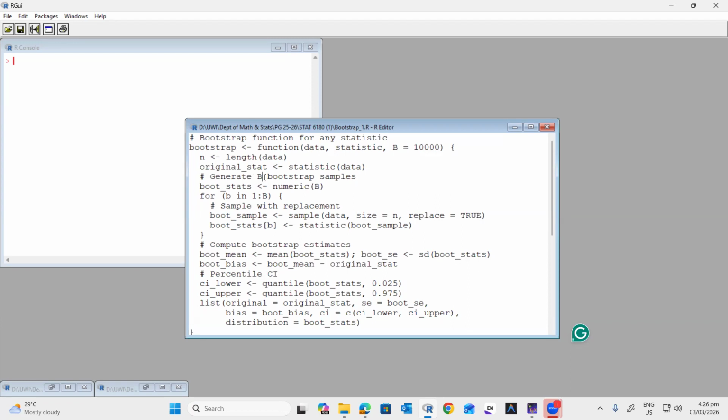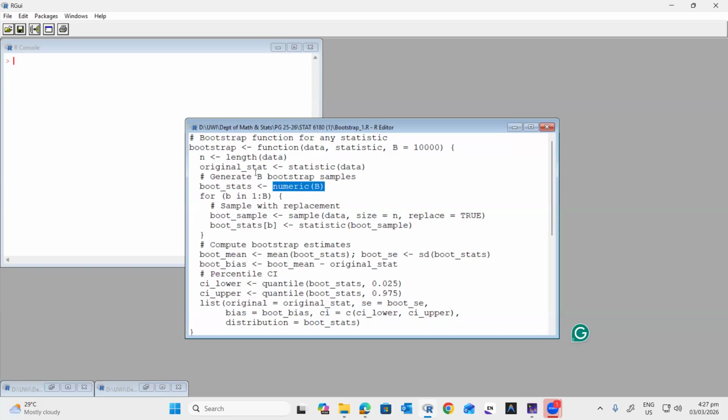B is basically the number of replicates, how many times I'm going to replicate. Before that, I'm going to assign a bootstrap statistic as a null vector, numeric B, where I need to store the values of my sample statistic.